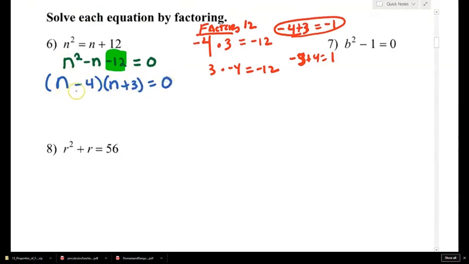So now you have the first factor, which is n minus 4. The second factor is n plus 3, that equals 0. So now you have n minus 4 is equal to 0. n plus 3 equals 0. Add 4 to both sides, so n equals 4. Subtract 3 from both sides, so n equals negative 3.